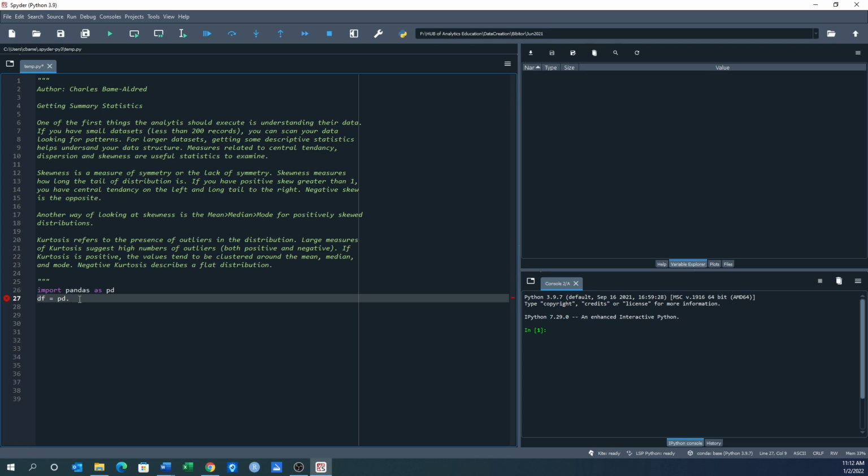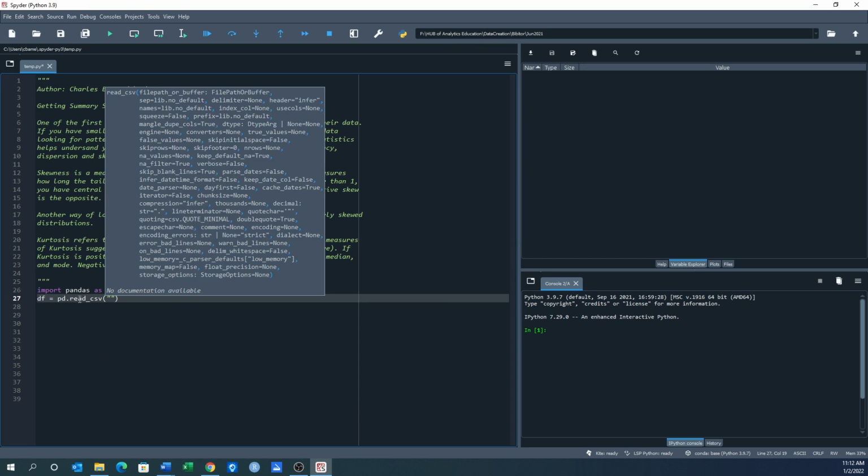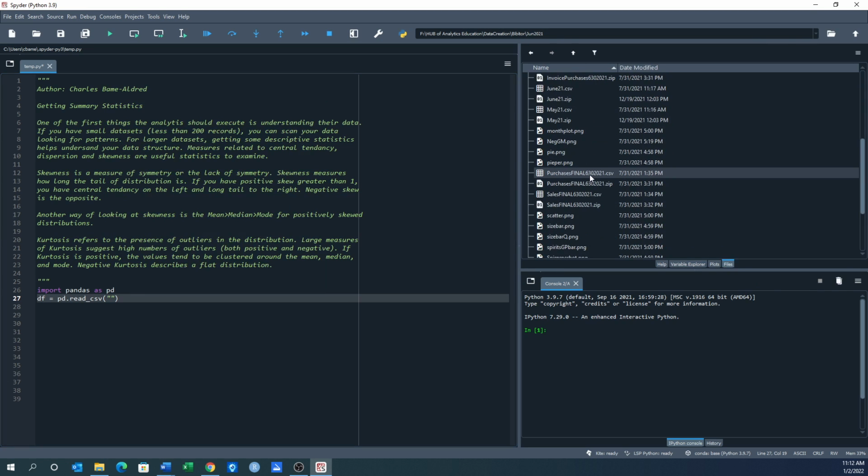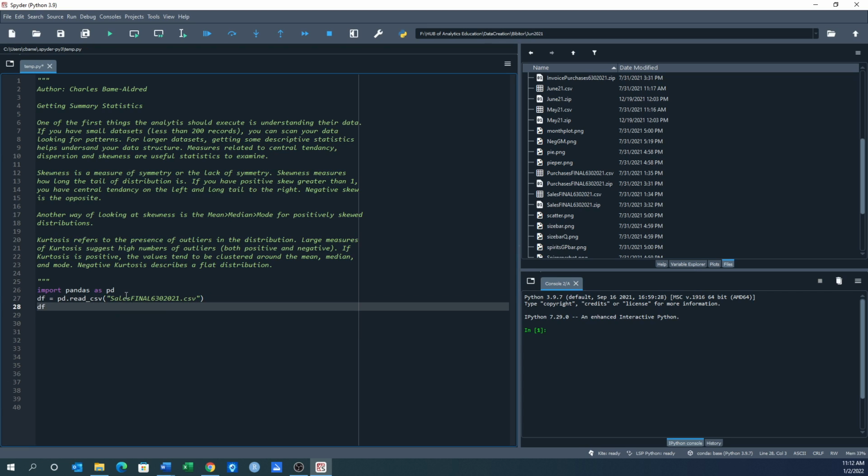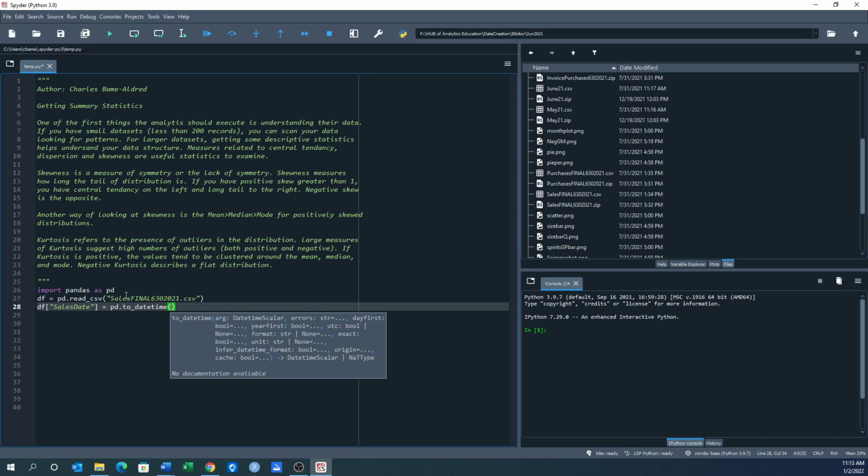So we're going to read in, with pd.read_csv, that sales final .csv, and I want to change the sales date to pd.to_datetime, for df sales date.